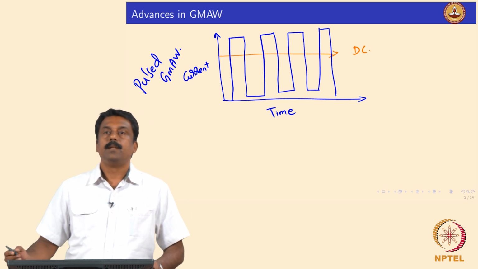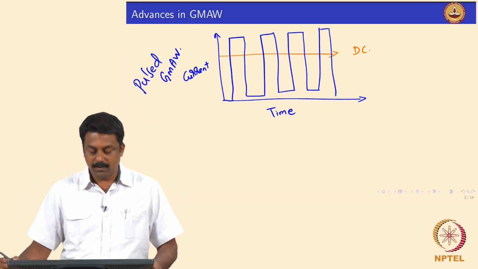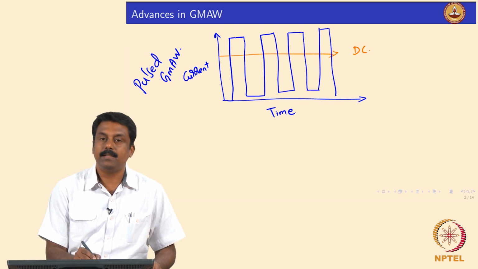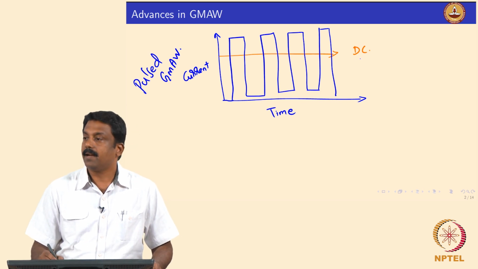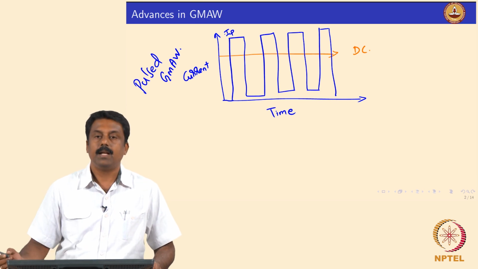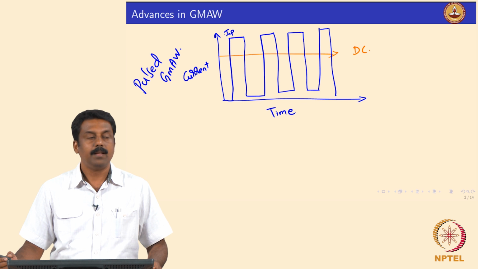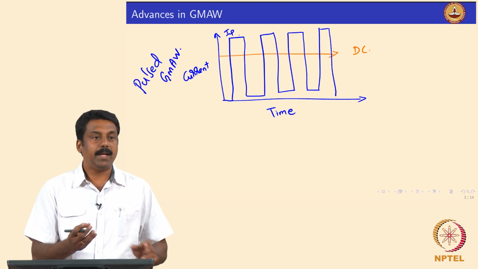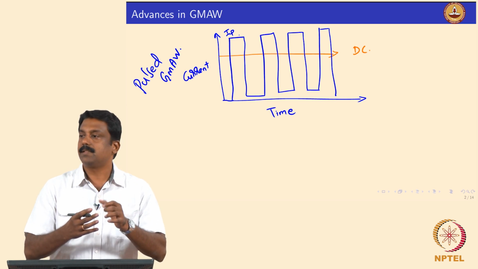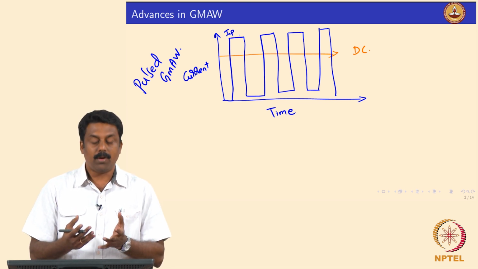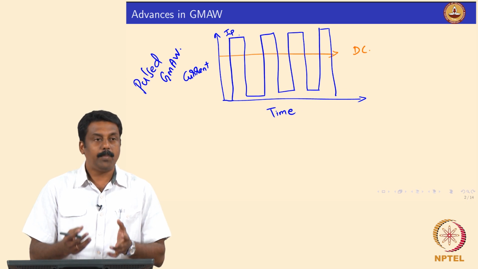The advantage of using such pulsing is that we reach a much higher current than the spray transition current during pulsing. This is known as the pulse current. By doing so we can form a droplet, and because of the high current we supply, we can create enough Lorentz force in such a way that the droplet can be transferred, one droplet per pulse.